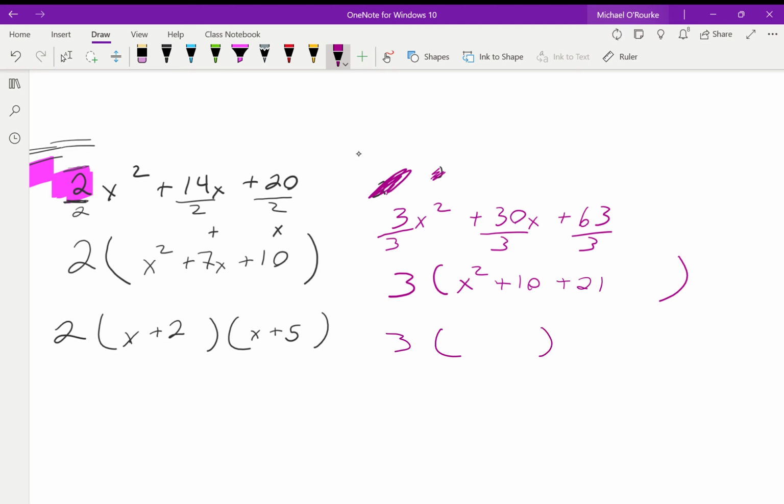And now this is something we can factor. You know it's going to be x and x. So two numbers that multiply to 21 and add to 10. That's going to be 7 and 3.